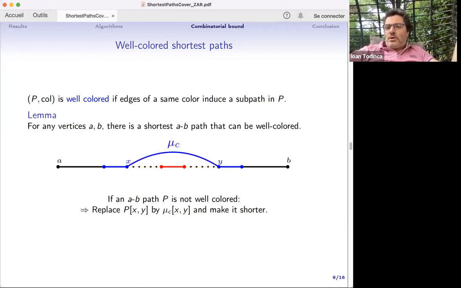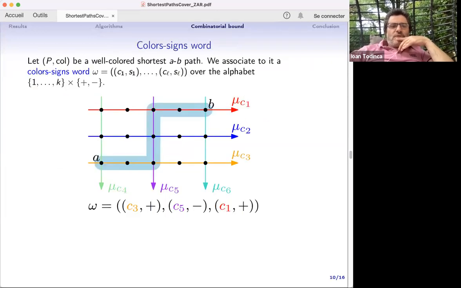It cannot make it longer, since blue is a shortest path. Doing that, I could have changed the path from A to B, but it's still a shortest path from A to B with fewer colors than initially. So this proves that for any pair of vertices, there is a shortest path connecting them which admits a good coloring. So that was my first observation.